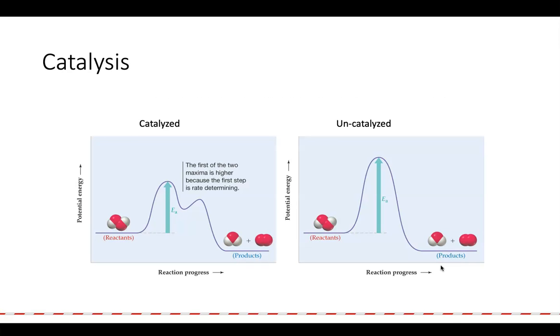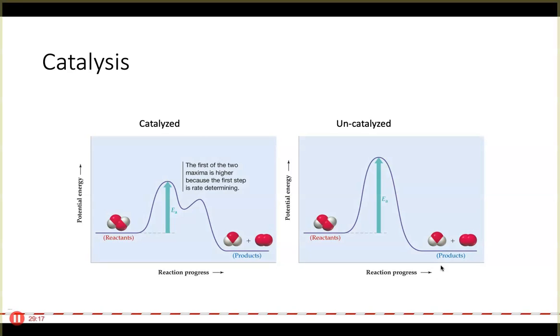So what does this look like on an energy diagram? Like any other energy diagram, potential energy is on our y-axis. We can just think of that as energy, right? Or if you want to think directly as potential energy, it's like going up a hill. It takes energy to go up a hill. As you go higher and further away from the center of the Earth, your potential energy increases.